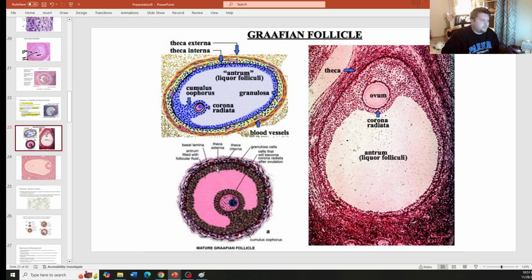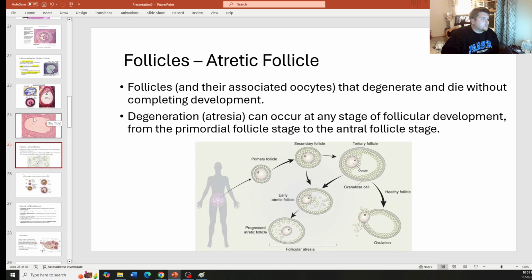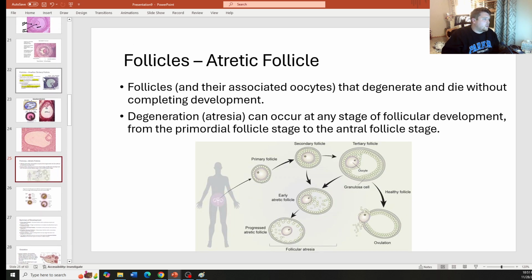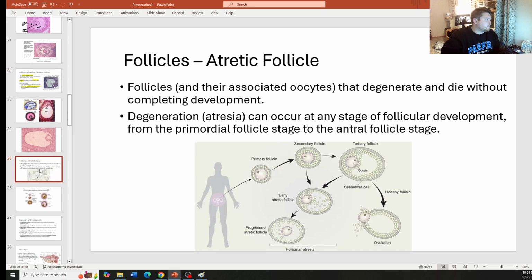There's our antrum, all that good stuff. Here's another picture of all of that. So this whole process is meant to create a follicle that we are going to be able to release. It's going to be released during ovulation to potentially be fertilized by a sperm and then develop into a fetus.